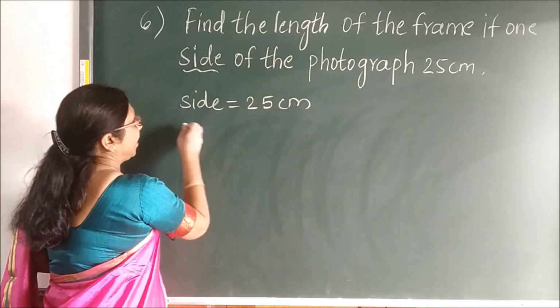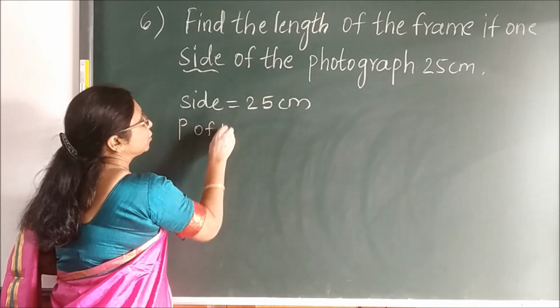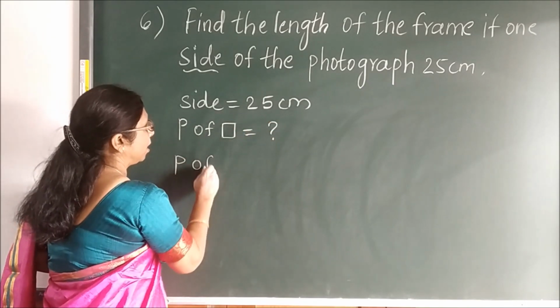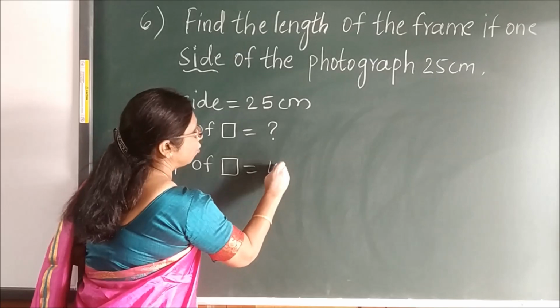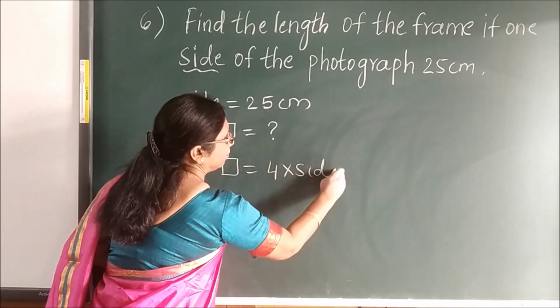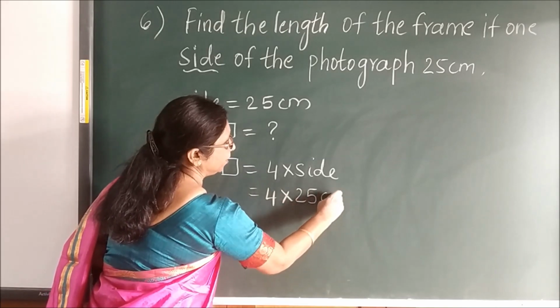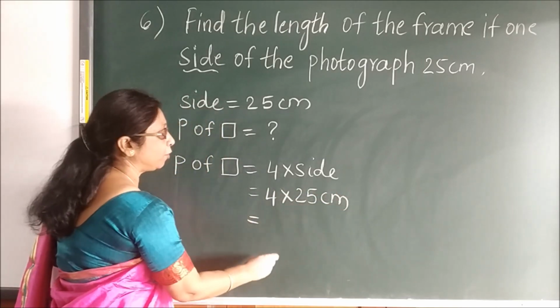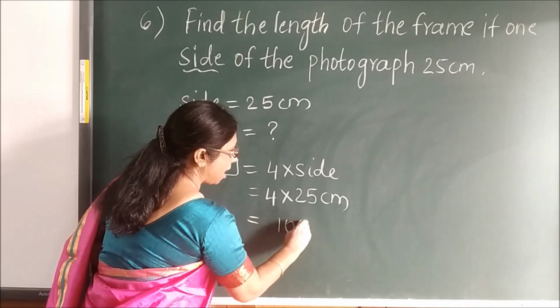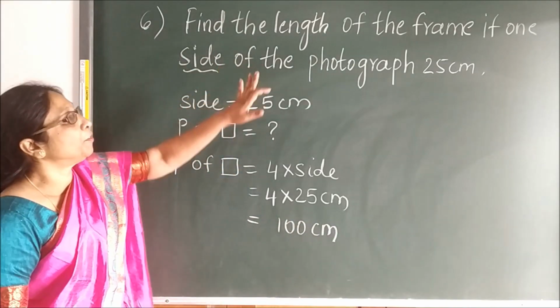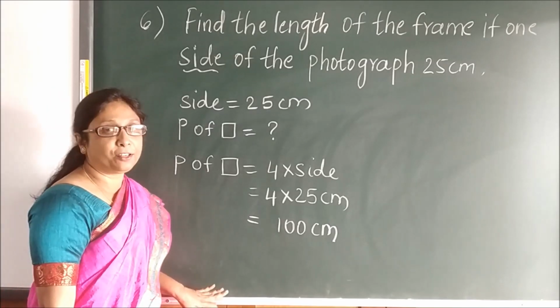So you will find perimeter of square only. Now place the formula, 4 into side. Then you will multiply 4 into side 25 centimeter, and when you multiply, what you will get? You will get here 100 centimeter. So the length of the frame is 100 centimeter.